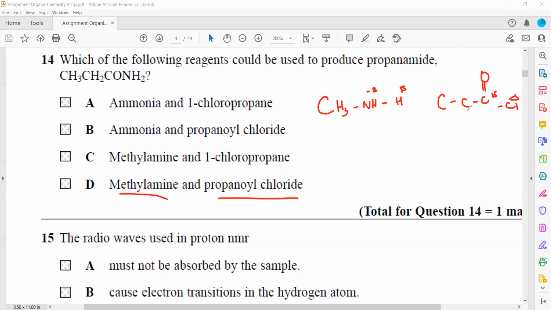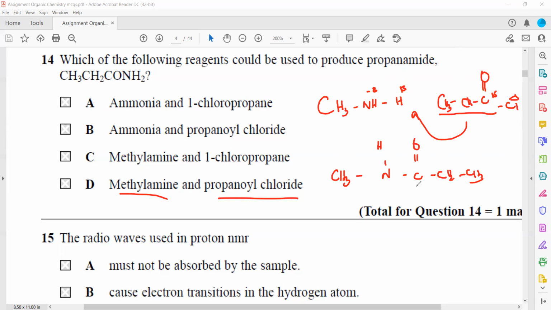When we compare, this whole is partial positive, so this carbon chain will take the position of the hydrogen, and as a result it will produce an amide. So this will be CH3, NH, then C double bonded with O, CH2, CH3.